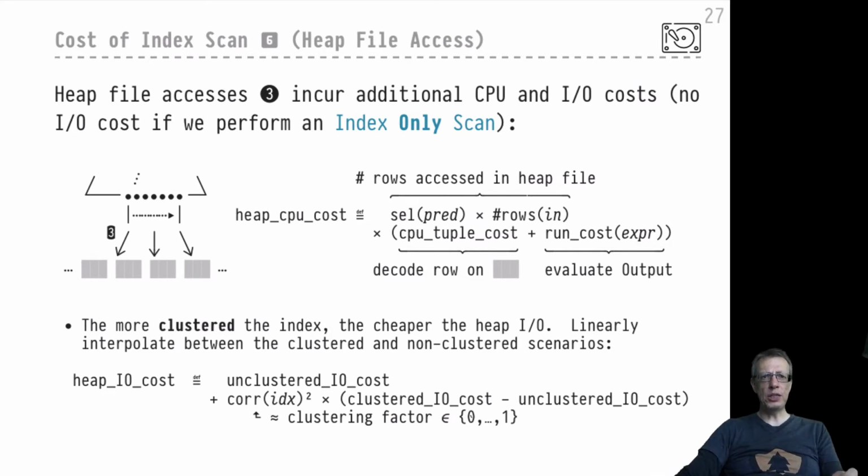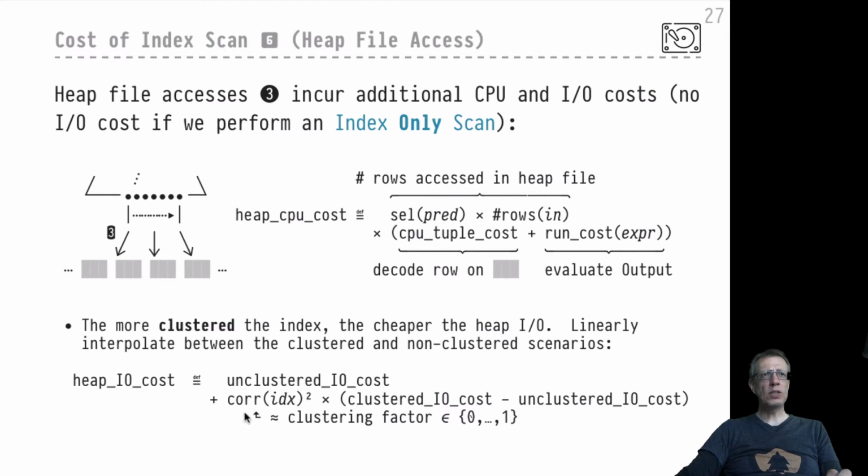We will use the correlation, that metadata parameter that we have read and extracted from the PG catalog tables for our particular index. We will use the correlation and square it to arrive at the clustering factor for this particular index. The correlation is a value between -1 and 1, so the square will be a clustering factor between 0 and 1. This will be a measure of how clustered the records are, a measure of how well the ordering of the rows in the index leaf level and the ordering inside the heap file coincide.